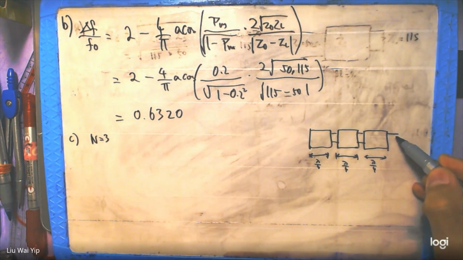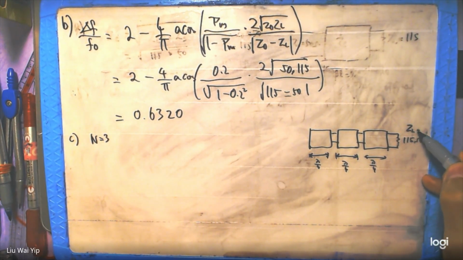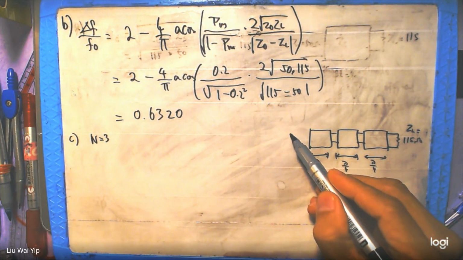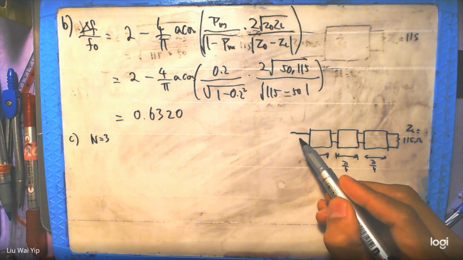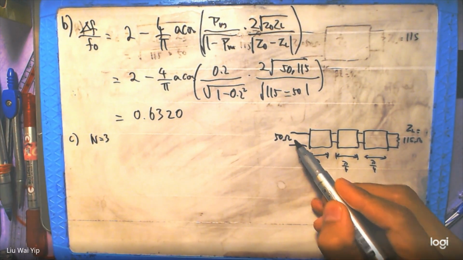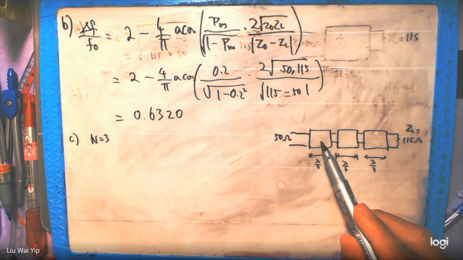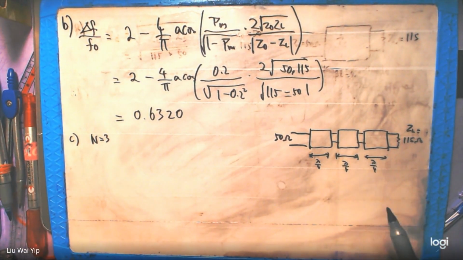And they want you to match the low impedance 115 ohm, and the source impedance here is 50 ohm. So this is what the question asks for. So we don't know the characteristic impedance, and we are going to work it out.